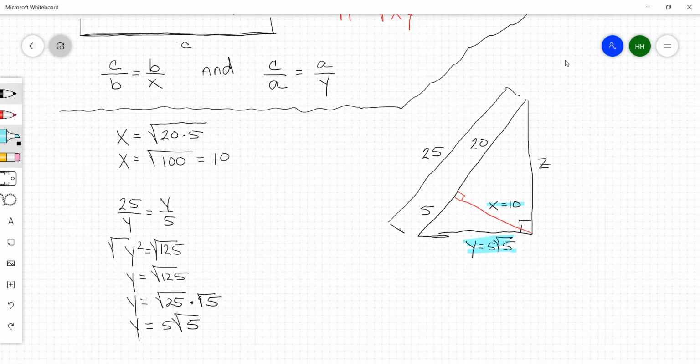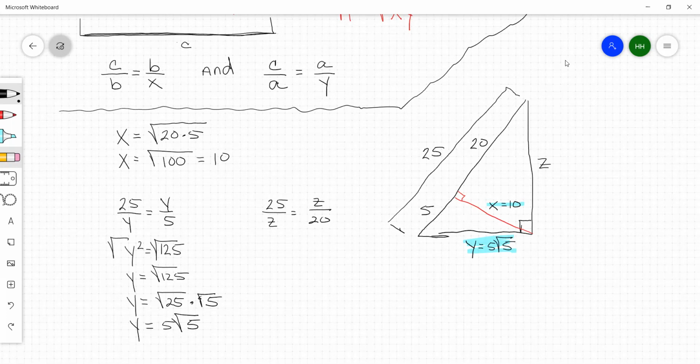And now we can use that same proportion to solve for z. Entire hypotenuse over adjacent side. So 25 over z equals what? 25 over z equals z over 20. Good job. All right, so again, now it's just crisscross multiply and solve.